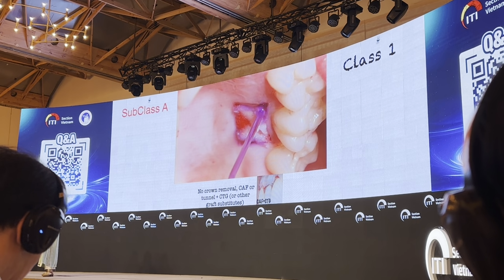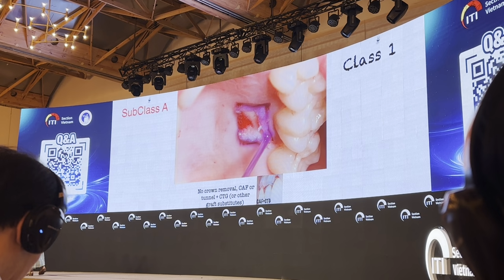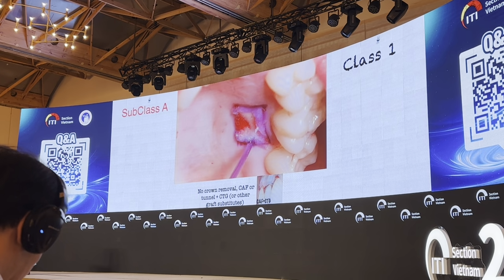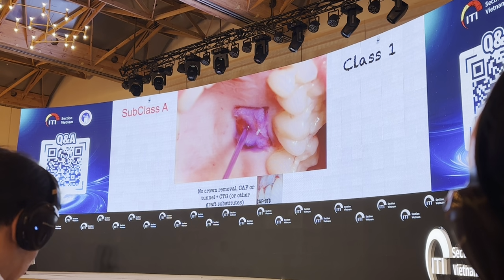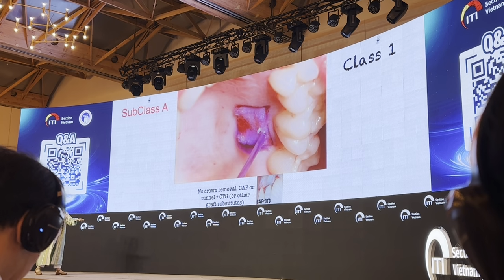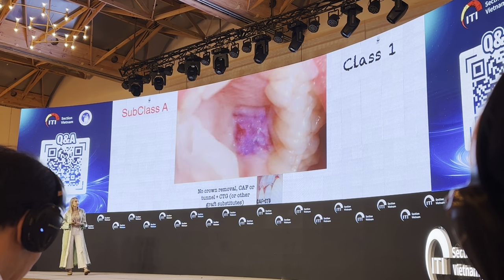It's a kind of glue that you can apply on top, with or without the fibrin sponge, on the palatal aspect that becomes stiff, and it is also capable to control the bleeding.